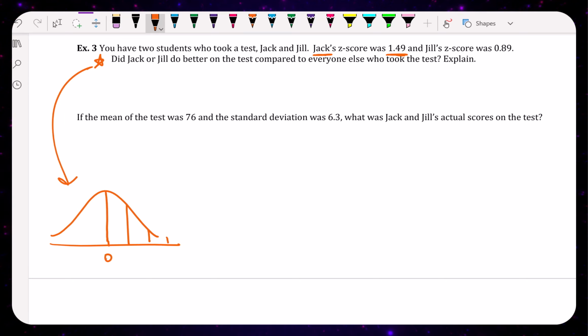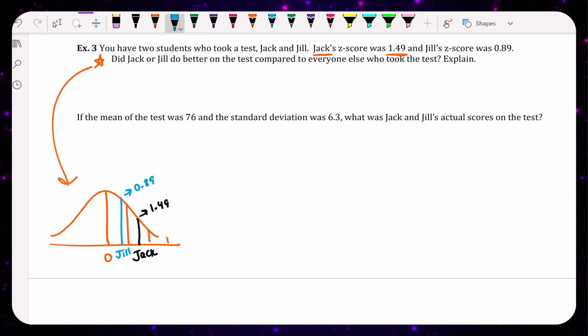So 1.49 would be about here, okay? So that's 1.49. That's the location of Jack's score. Now, Jill's score was 0.89. So this is 1. So 0.89 is a little less than 1. So this is where Jill is.